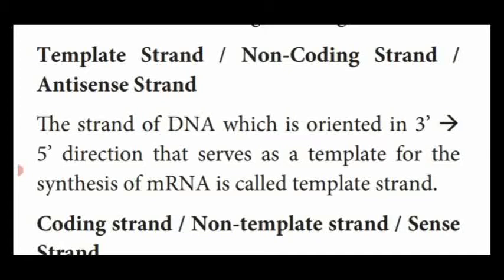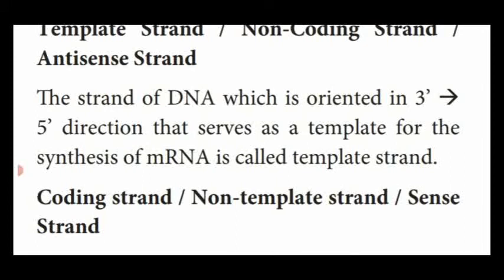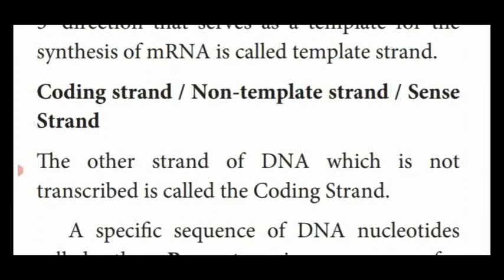Next, the other strand of DNA, which is not transcribed, that means it is not producing an mRNA sequence, is called the coding strand, or non-template strand, or sense strand. Dear students, have you all understood the difference between the non-coding strand, that is the template strand, and the non-template strand?